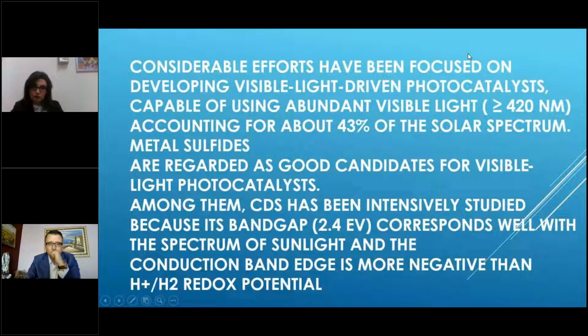It is very important to mention hydrogen production by using photocatalytic studies. Cadmium sulfide has been extensively studied because its band gap corresponds well with the spectrum of sunlight, as I mentioned.